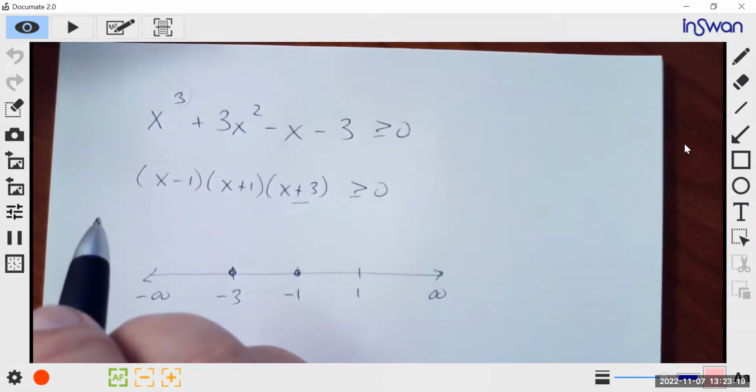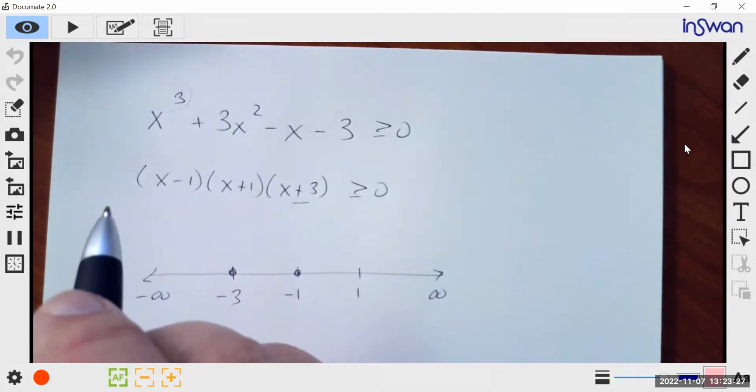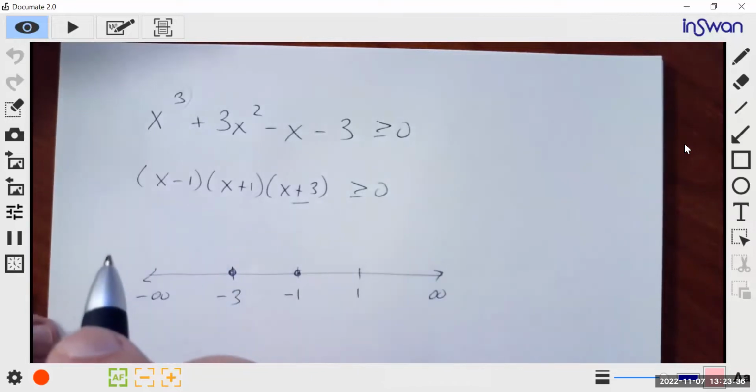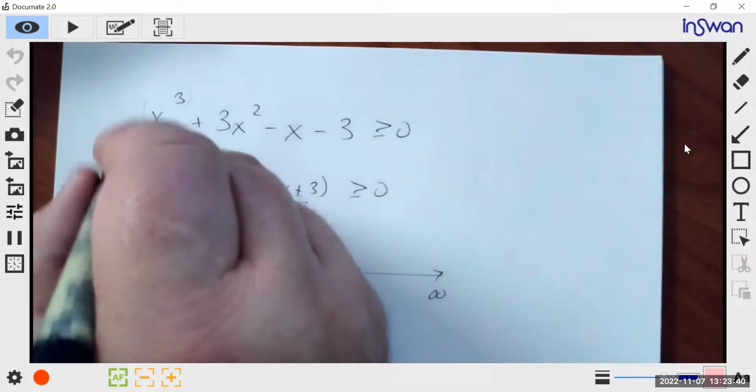What's that? Yes. We talked about this during the library of functions. And when we graphed these things, we also spent a whole section about if it's a degree 3 and if A is positive.